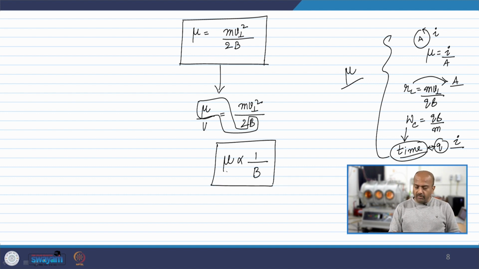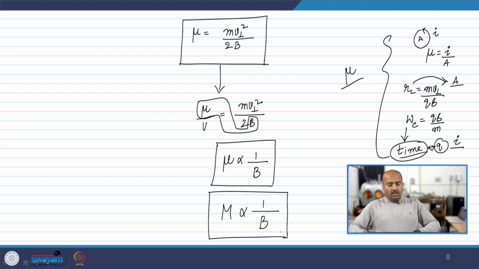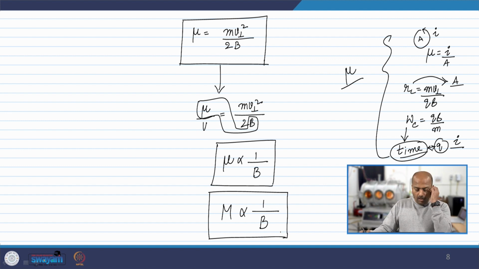If you have already divided by the volume, then it's more appropriate to call it that the magnetization is proportional to 1 by B. Right. So this is something that we are getting from the particle gyration inside the plasma. Is it different or not?